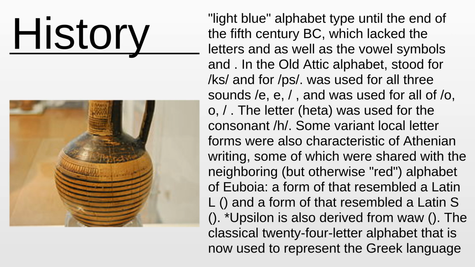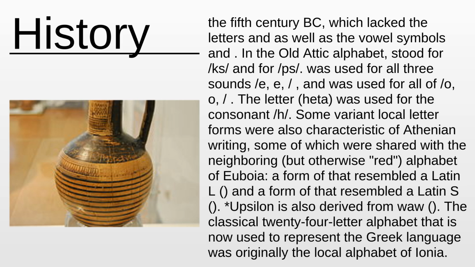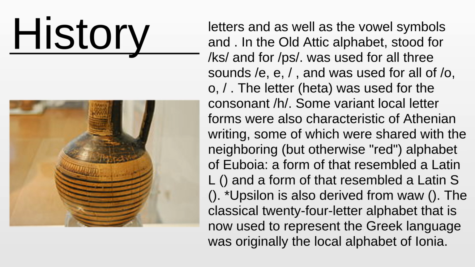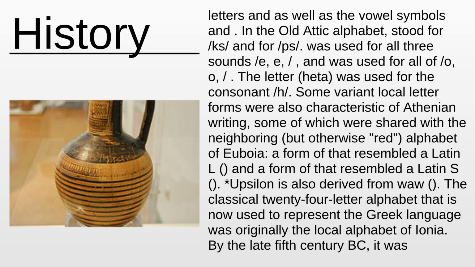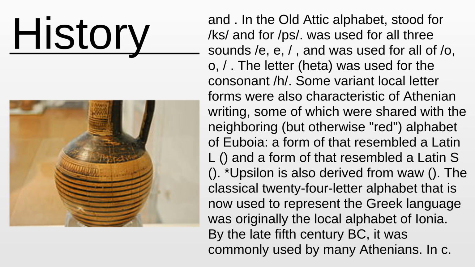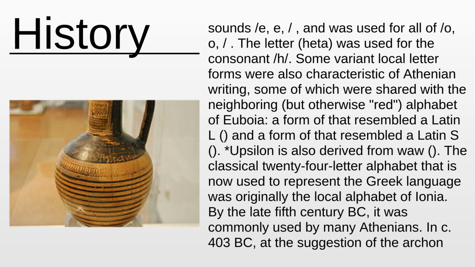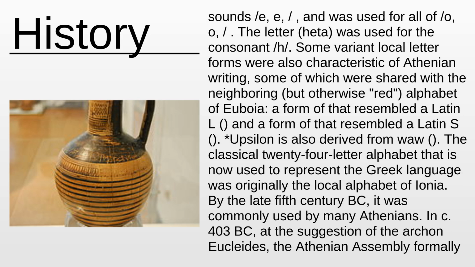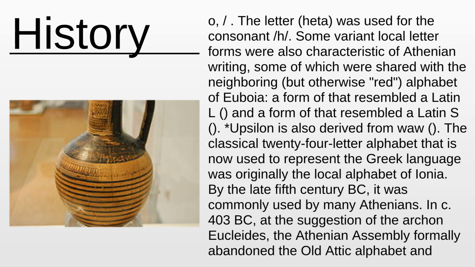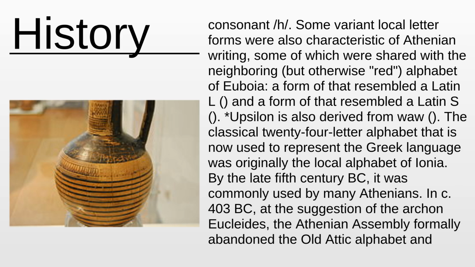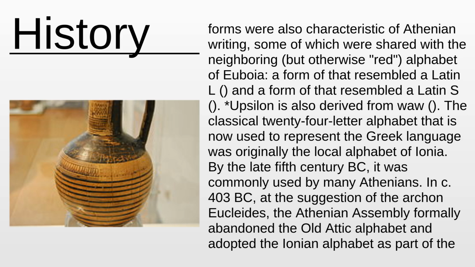Athens used a local form of the light blue alphabet type until the end of the 5th century BC, which lacked the letters xi and psi as well as the vowel symbols eta and omega. In the Old Attic alphabet, chi stood for kh, and phi for ph, epsilon was used for all 3 sounds e, long e, and epsilon-iota, and omicron was used for all of o, long o, and omicron-upsilon.